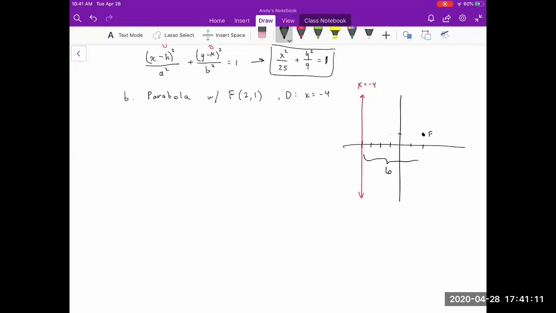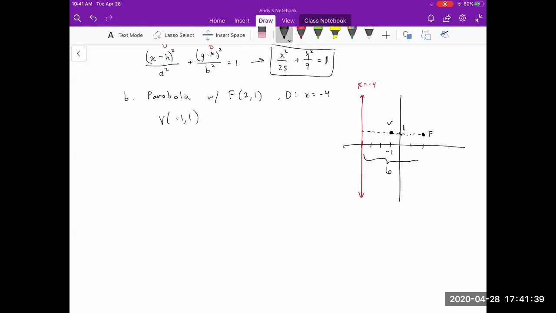If we halve this, we get the midpoint between the focus and the directrix on this horizontal line, which is our axis of symmetry. The midpoint is going to be the vertex. So in this case, it's -1, 1. Notice this y value is 1. So we found out that our vertex is -1, 1.